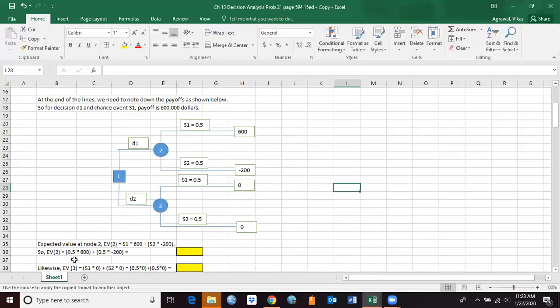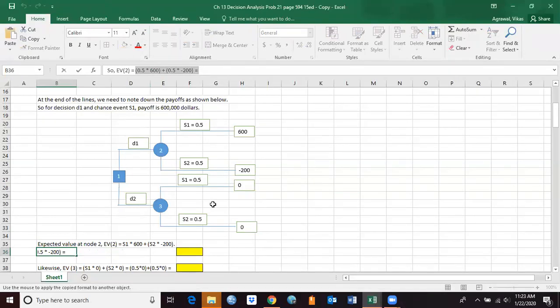So it's given here, 0.5 times 600 plus 0.5 times minus 200 here. And that should be equal to, we can do that calculation here. So just to speed up the calculation, I'm just gonna do copy and paste here.